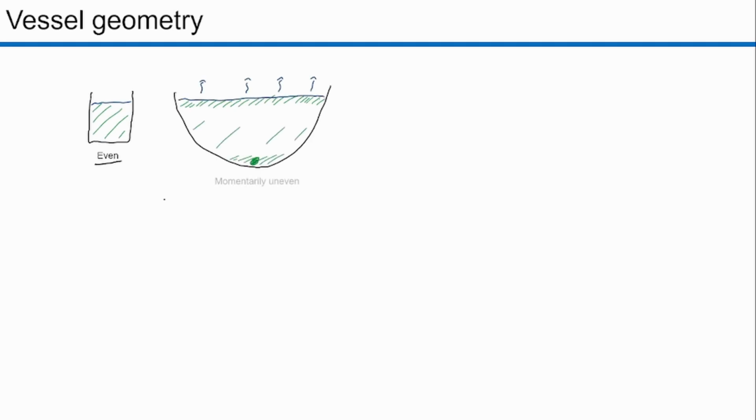But if your vessel is too big or has a strange or curved shape, you might have a momentarily uneven concentration in your solution. You see, this is a big surface area, so you will have a lot of evaporation happening here. You also have this curved shape that might separate your concentration somehow due to temperature fluctuations or whatever. So that might change how your crystal grows.